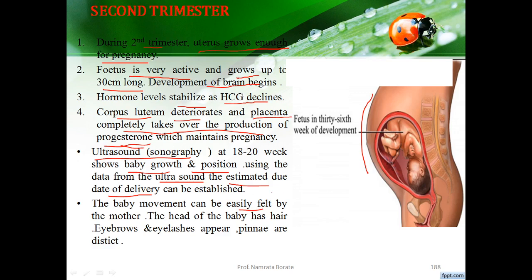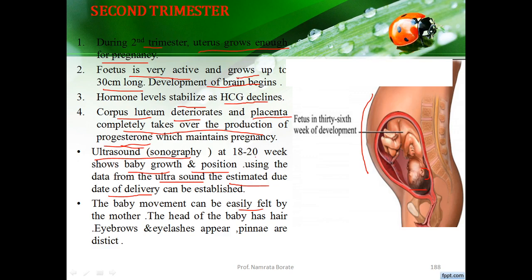You can see the head of the baby having hair. There is development of eyebrows and eyelashes, then formation of the pinna. All these organs are very distinct. The baby reaches half the size of a newborn during the second trimester.